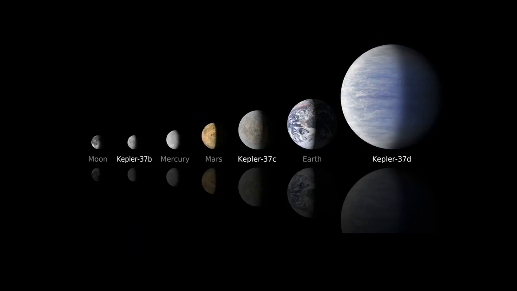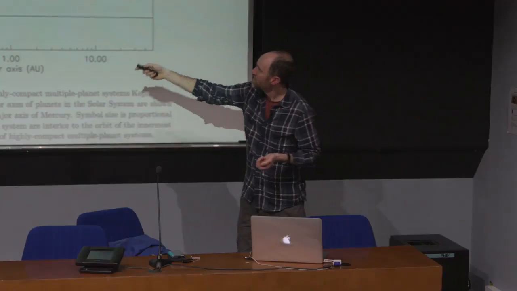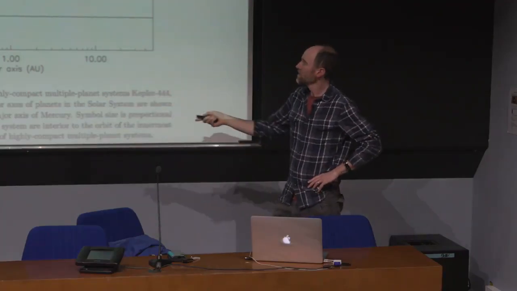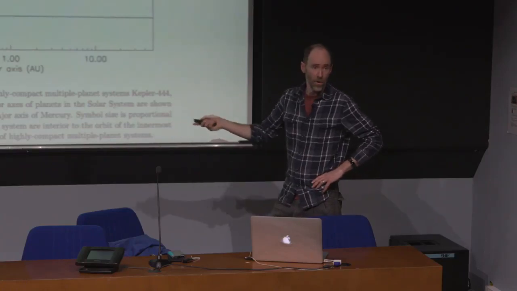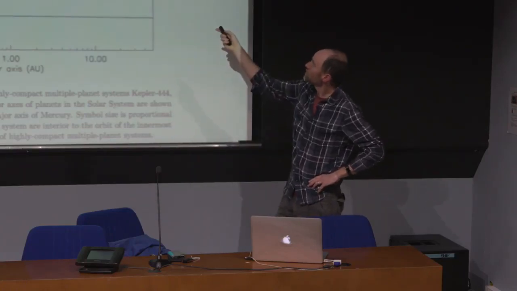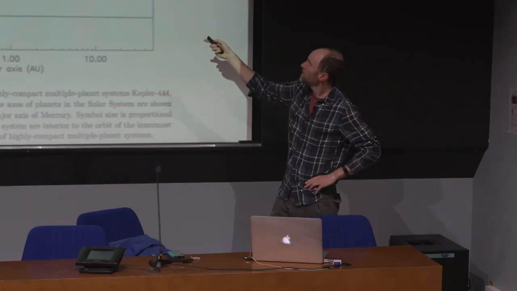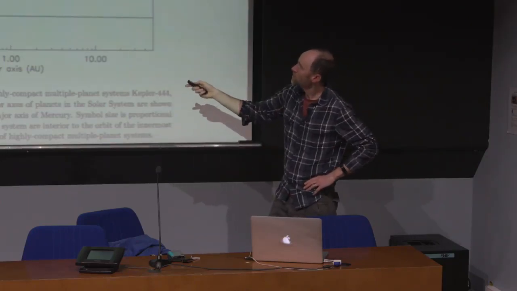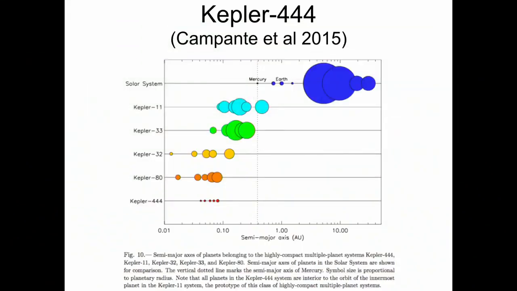This is one of my favorite systems, Kepler-444. I just think it's kind of weird. So here's an illustration of 6 different planetary systems, roughly to scale. Here's a logarithmic orbital distance axis. The solar system is at the top, with small rocky planets close in and bigger ones further out. Then there are lots of these super-Earth systems that we'll talk about later that typically have planets a little bit bigger than Earth on orbits that are pretty compact.